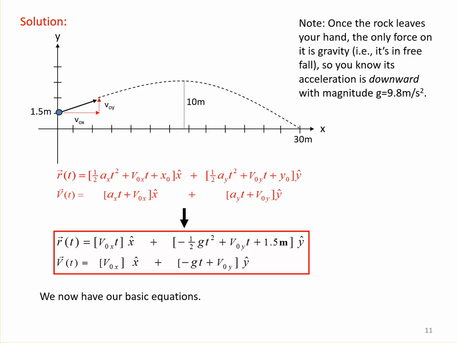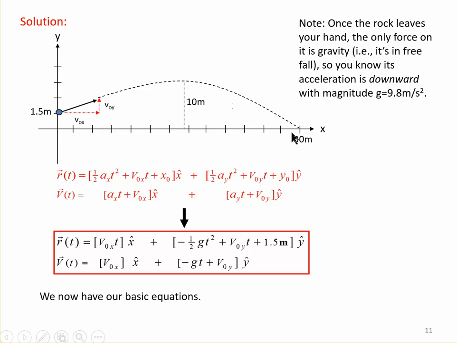We're ignoring air resistance, so this rock is in free fall. And we've already learned that when an object is in free fall, gravity exerts a constant downward force on it, causing a downward acceleration of 9.8 meters per second squared. Okay, so here's our drawing.